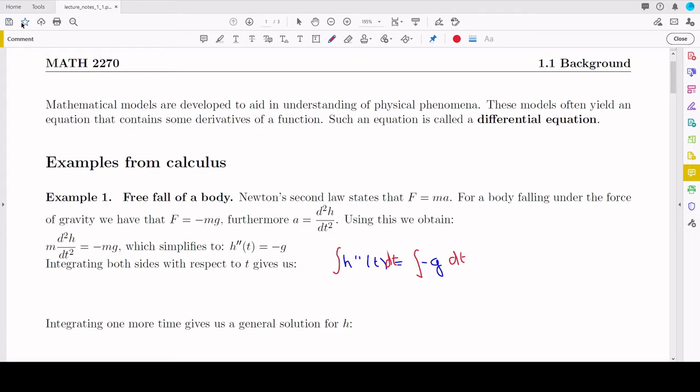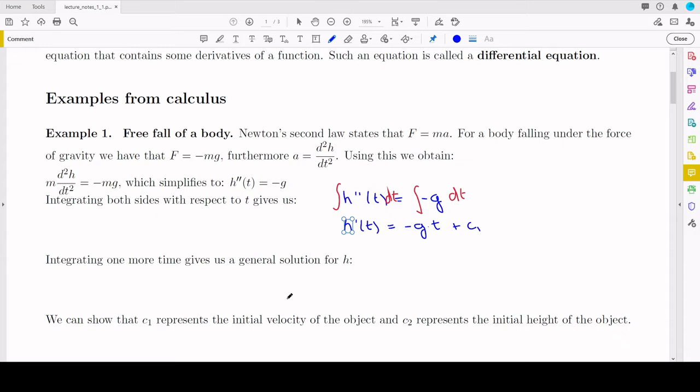What we obtain is, when you integrate the second derivative, we get the first derivative of the function, and then the antiderivative of a constant is that constant times t, and then we have a constant of integration which I'll call C1 here.